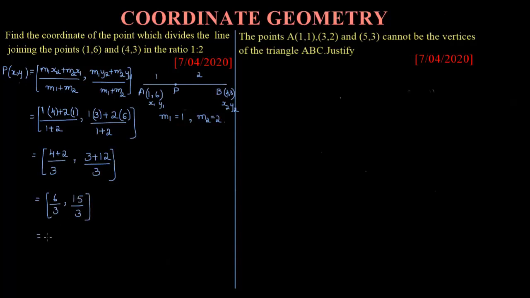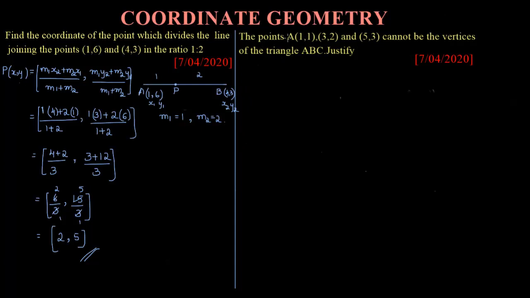This is divisible by 3: 3 1s are 3 and 3 2s are 6, so 2 comma, and this also is divisible by 3: 3 1s are 3, 3 5s are 15. So you got the answer as 2 comma 5. This is the coordinate of the point which divides this line in the ratio 1:2. Very easily you can score 2 marks, this is a 2 mark question.